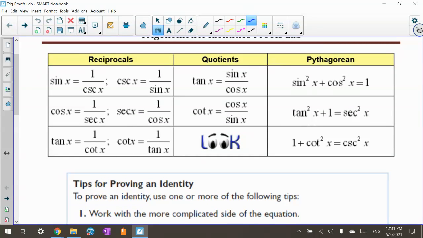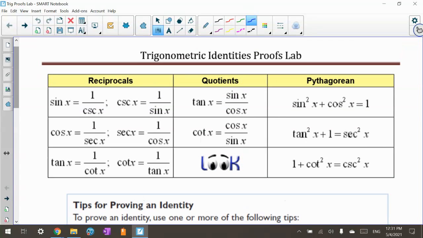At the top of the page of the lab, you're going to see some identities. I have our reciprocal identities, which I called in class your ugly cousins. You're going to use these a lot. I always call sine and cosine my building blocks, because you can write every other trig function in terms of them.